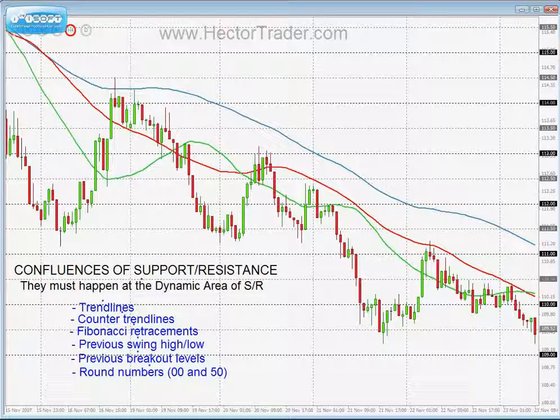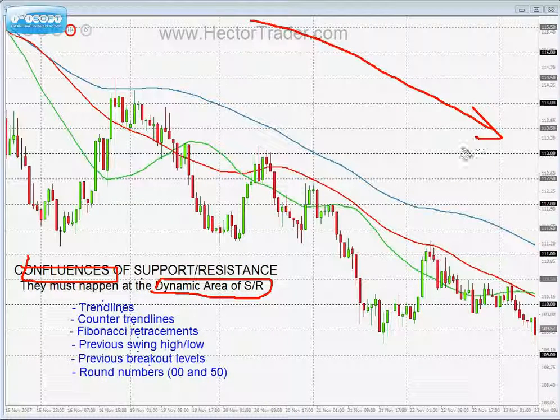I just want you to realize the power of these 3 elements, the power of trading a confluence of support and resistance around the dynamic area of support or resistance in a trending scenario.